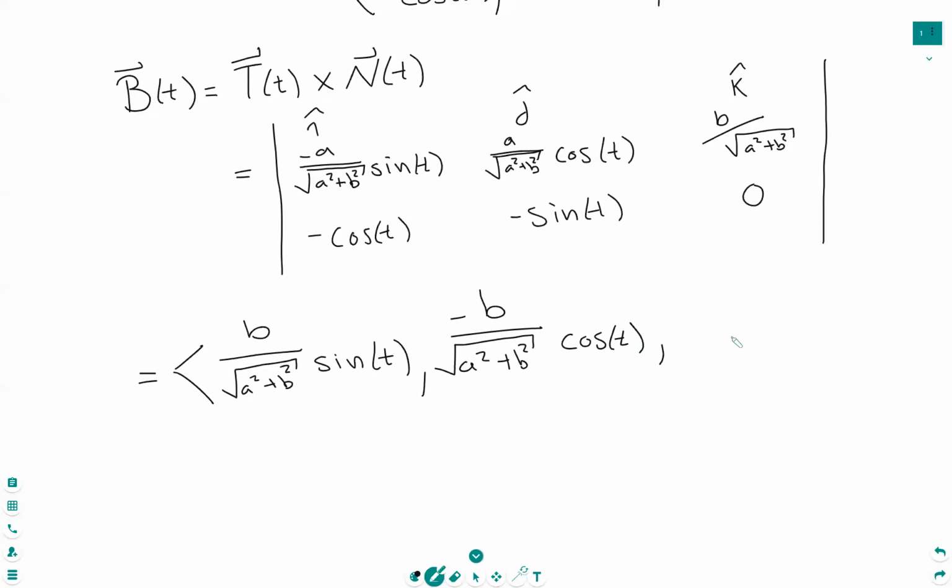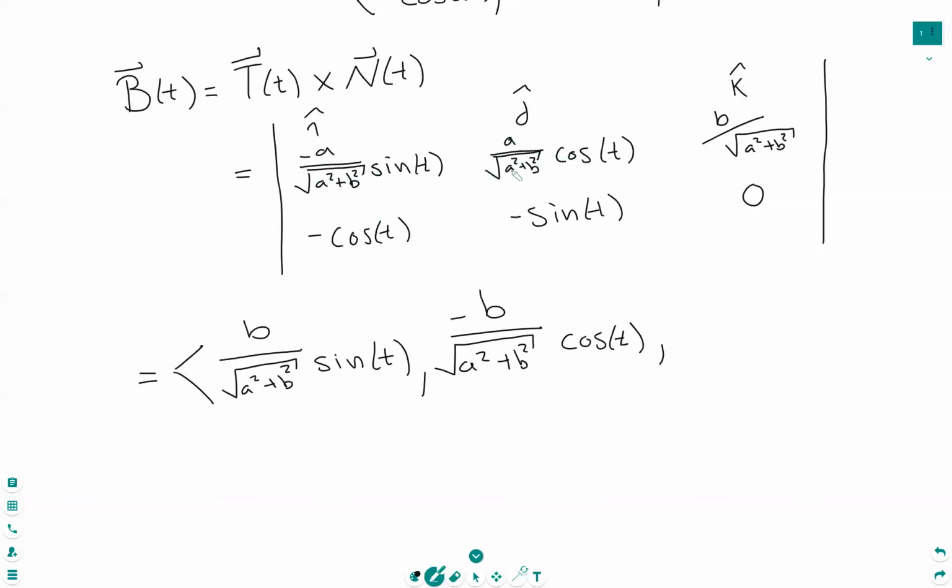And then finally, in the z component, we're looking at the determinant of this little block here. So we don't have a 0 this time, but actually it's not too bad. Let's look at this first term here. I have a negative sine of t times a negative a over the square root of a squared plus b squared sine. So from this multiplication, I get a positive a over the square root of a squared plus b squared sine squared, right? Over here, I'm subtracting the multiplication of these two entities.